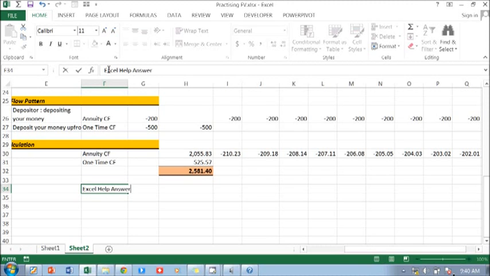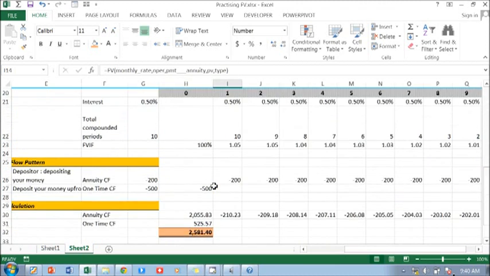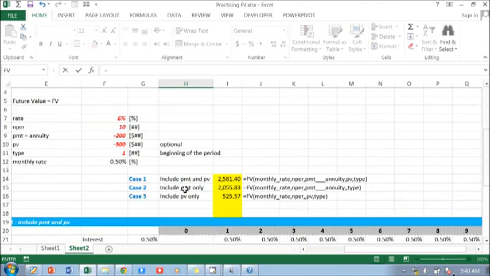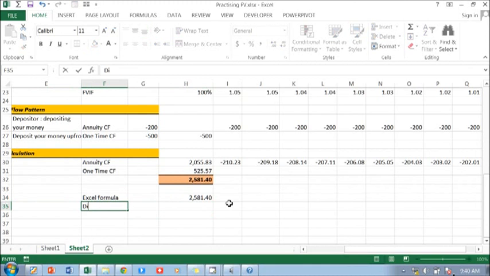Answer is this one. So I just copy here, and then the difference. This is not Excel help, so it's Excel formula. So the difference should be 0.